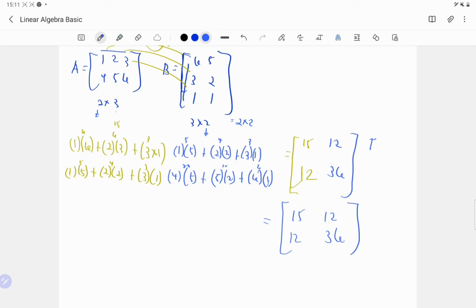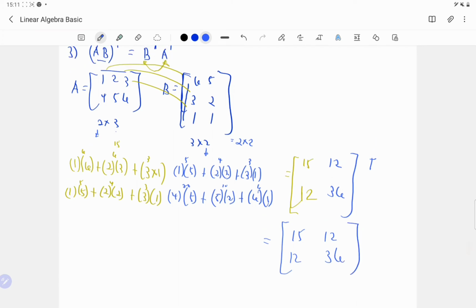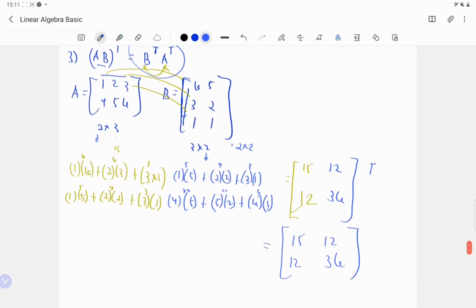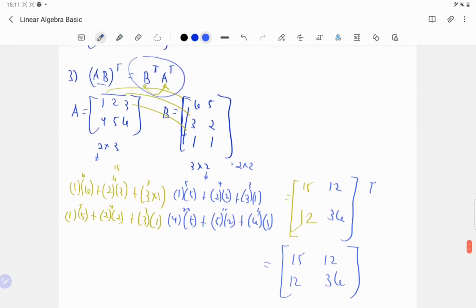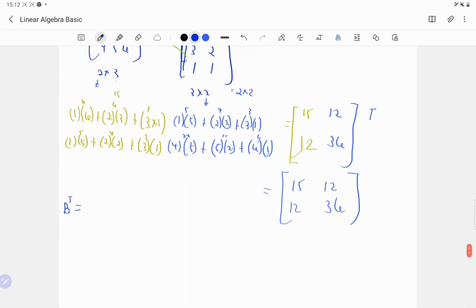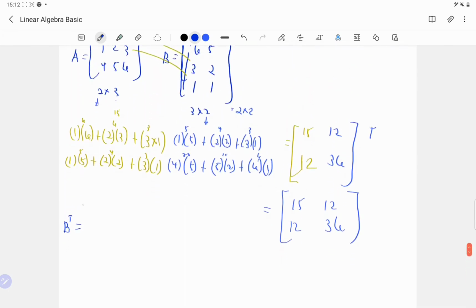Let's prove that these are the same with this one. Let's do the transpose for B. Sorry, I always make this mistake. Sorry, I'm still practicing English. Okay, transpose of B is 6, 3, 1, 5, 2, 1.